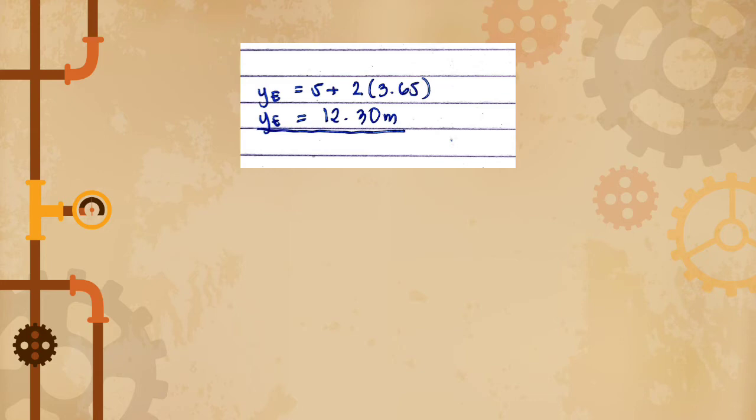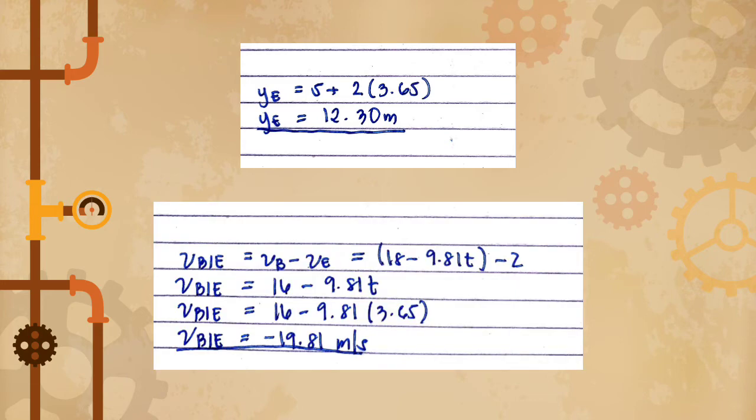The relative velocity of the ball with respect to the elevator is v_b/e is equal to v_b minus v_e, which is equal to 18 minus 9.81 times t minus 2. Then it becomes 16 minus 9.81 times t.